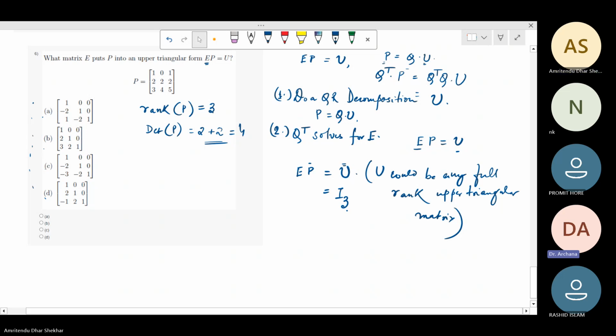I checked the options by multiplying with the matrix P, but in every case we get an upper triangular matrix. So everything gives you an upper triangular matrix. Okay, then all of the options are correct. But there are options only for A, B, C, D. Oh, then it could be a mistake in the problem.